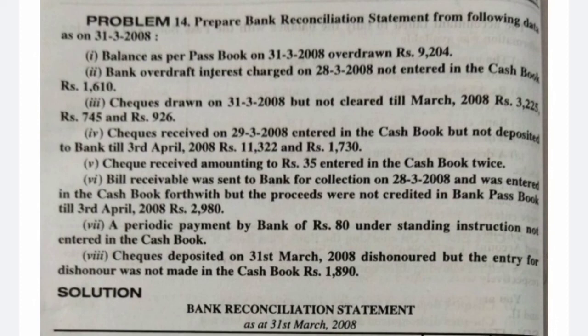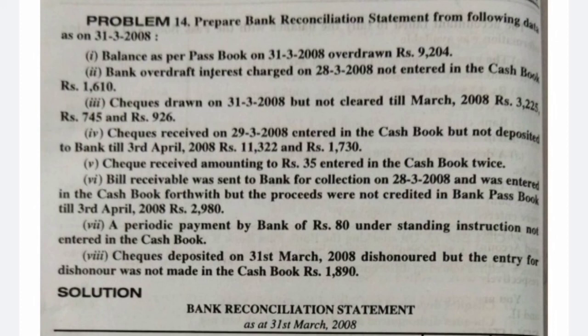Problem number 14. Prepare a bank reconciliation statement from the following data as on 31st March 2008. The balance as per passbook is overdrawn, which means the overdraft balance as per passbook is given, that is 9,204. Next, bank overdraft interest charged on 28th March. Since they have given the overdraft balance, we need to see the position of the passbook.